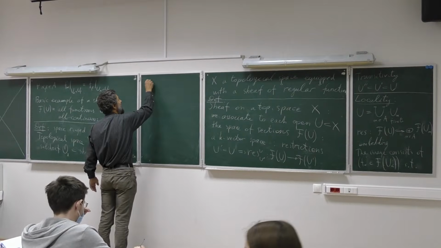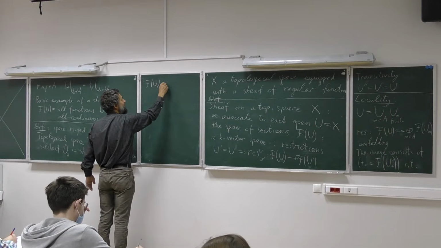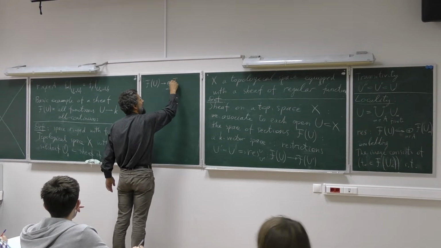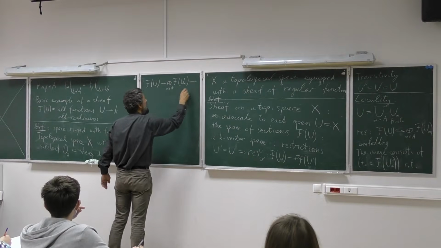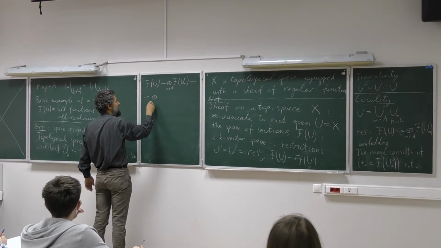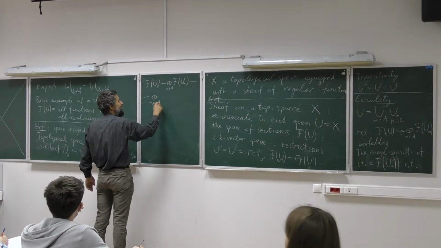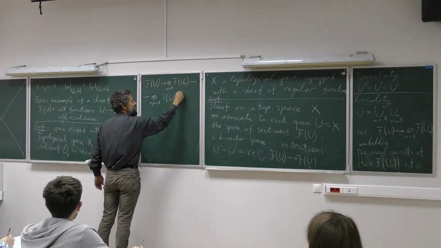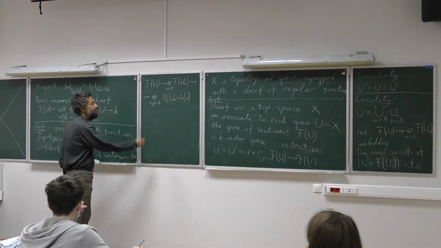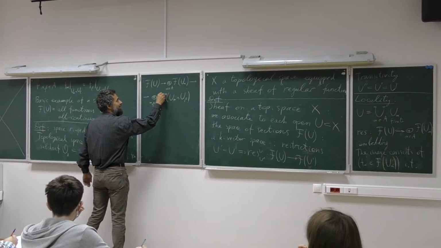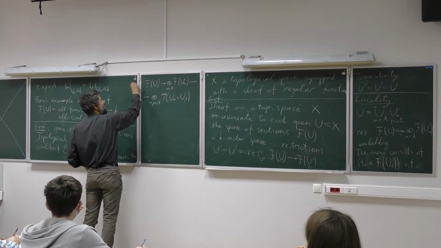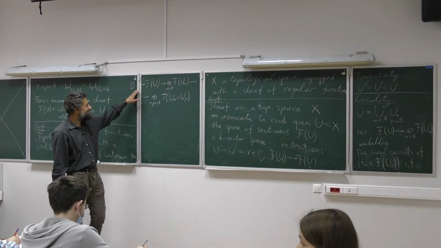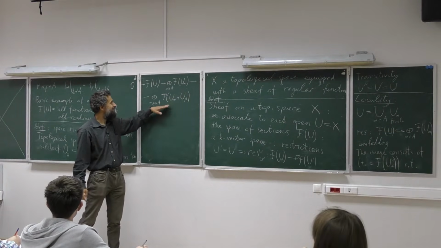So you have F of U goes into the sum of F of U alpha, and then goes to the sum over alpha, beta of F of U alpha intersect U beta, and also let's write 0 here, and this must be an exact sequence up to here.